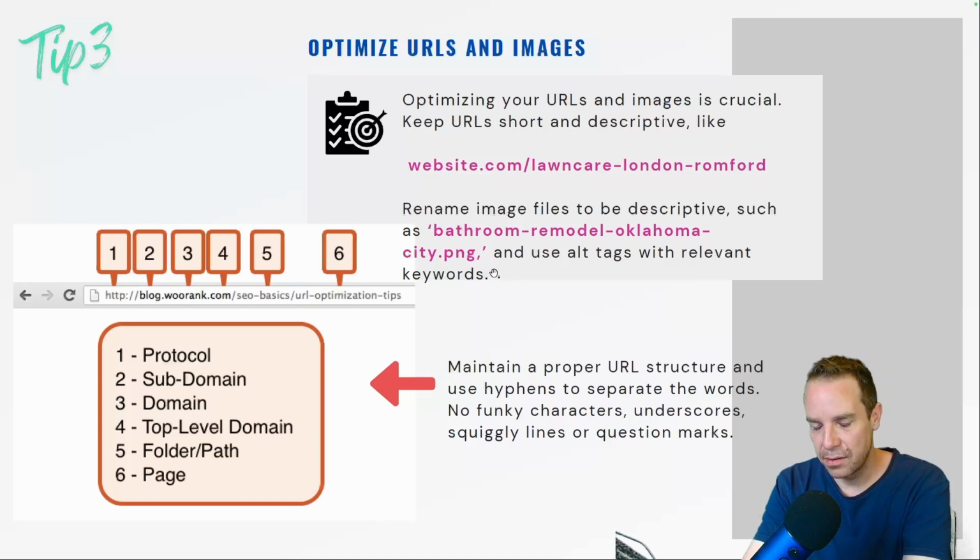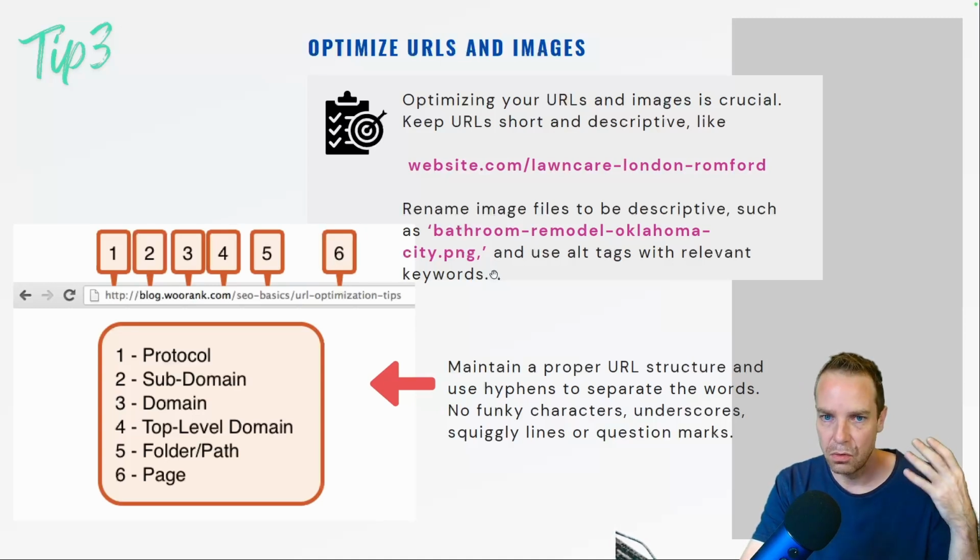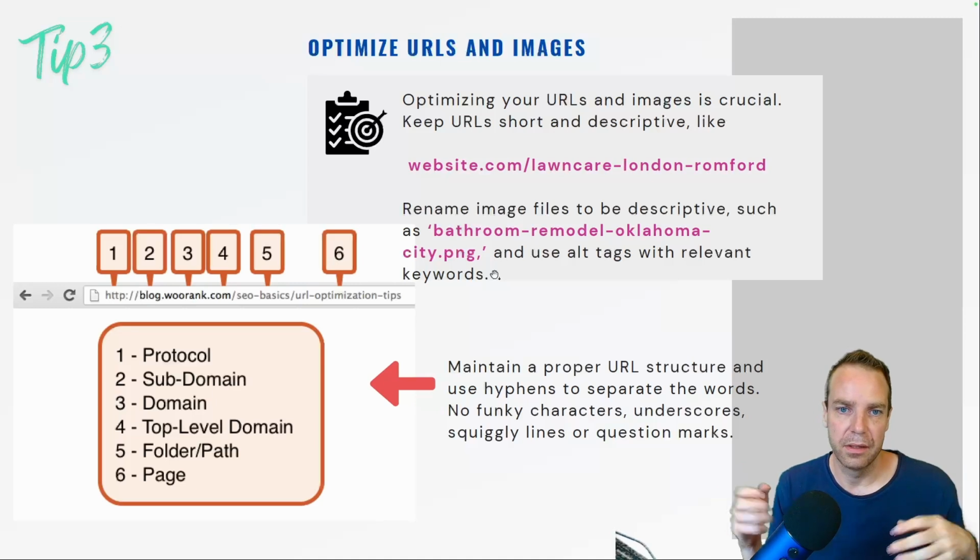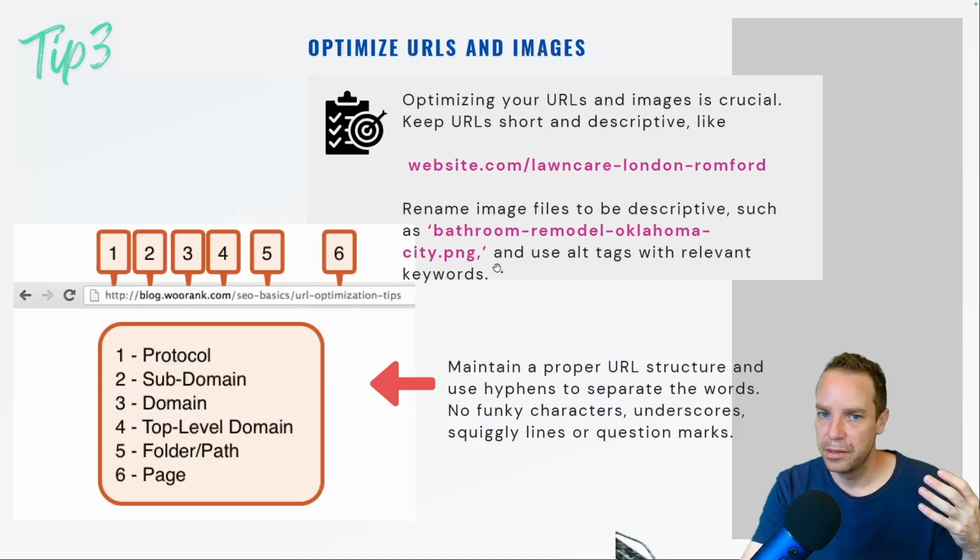This is also really important, because Google cannot see what this image is all about. Google cannot see if there is a yellow elephant in the image, or if the specific image is about bathroom remodeling. This is why you have to use a descriptive file name, bathroom remodel Oklahoma City, for example.